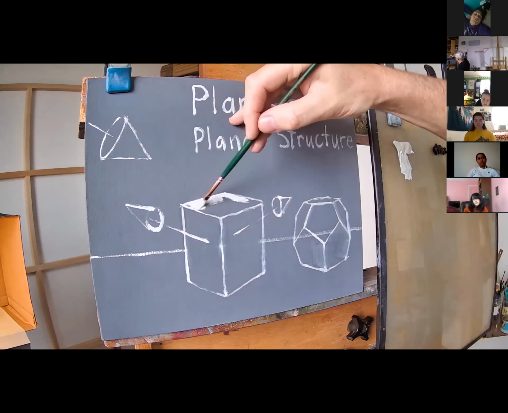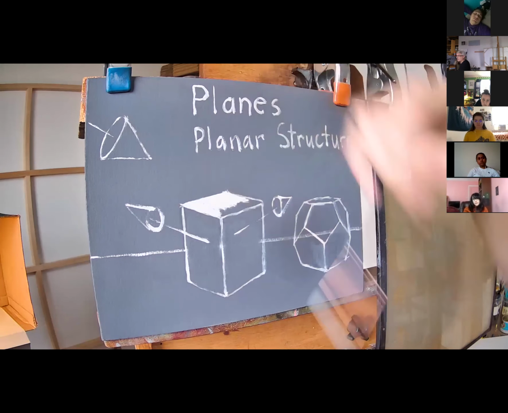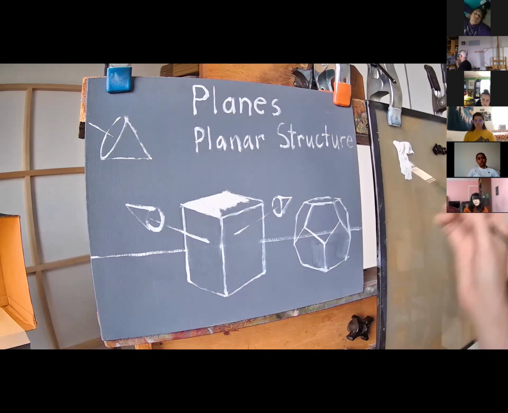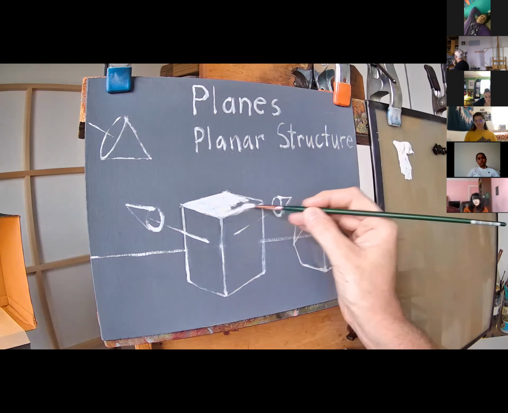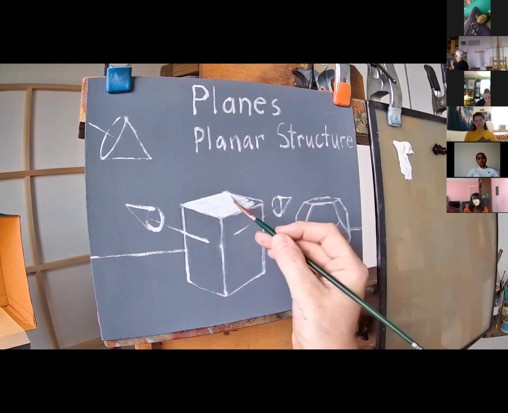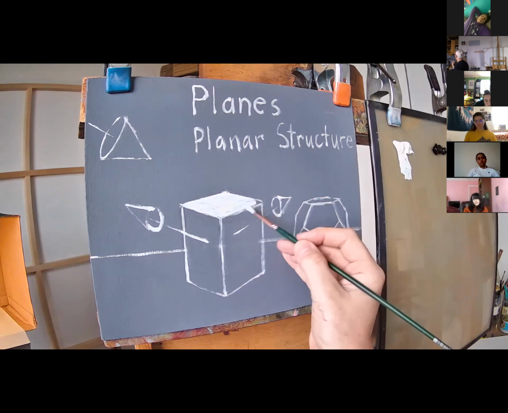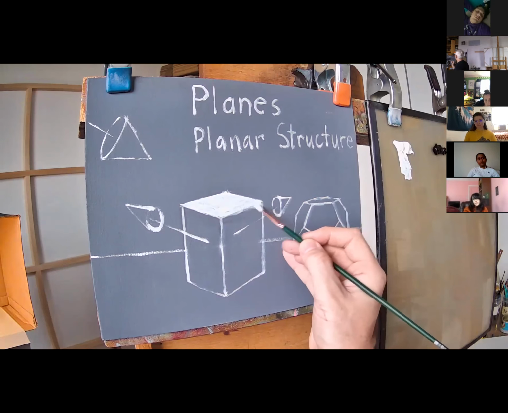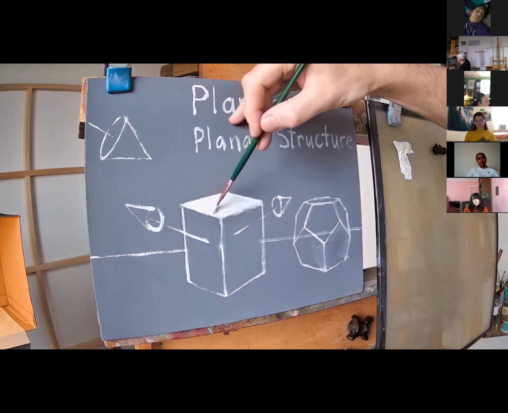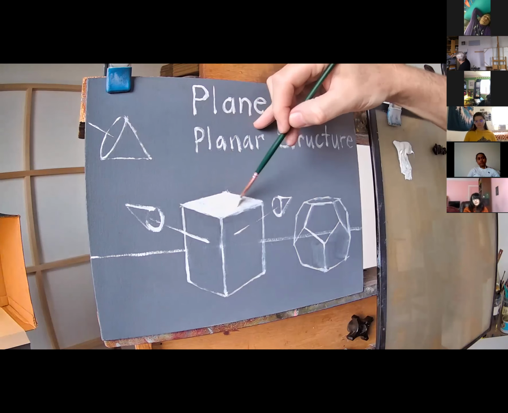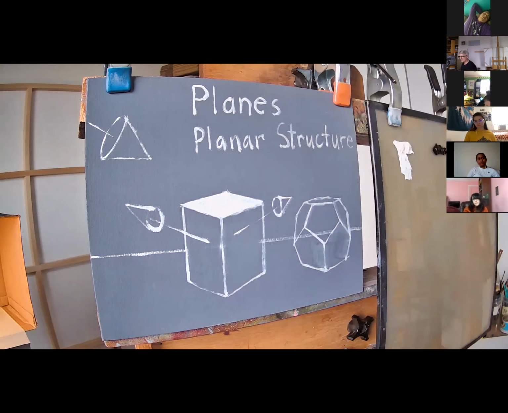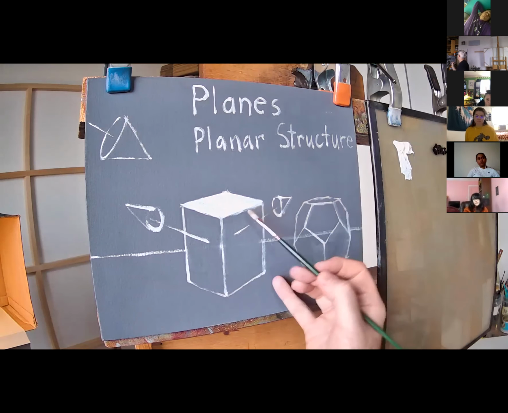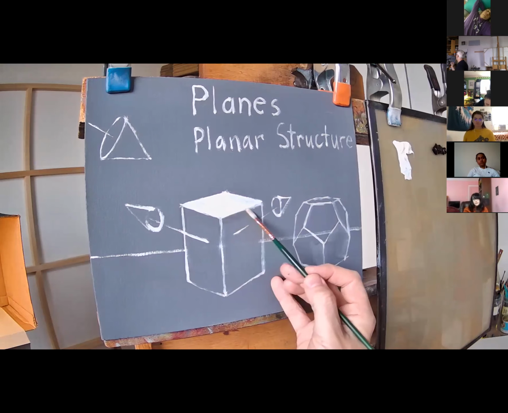So in this situation, it's likely that the top plane of the box is going to be pretty fully illuminated. We can understand how that plane is oriented in relationship to the direction of the light source, and we can assign that plane a degree of illumination. So that plane is strongly illuminated.